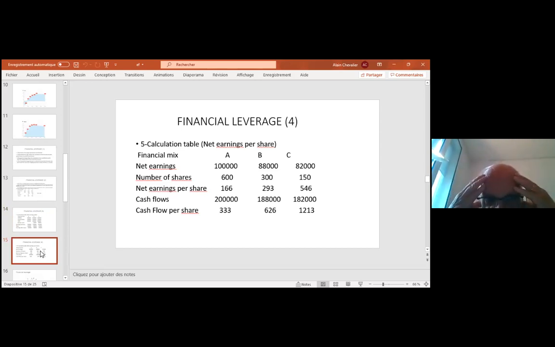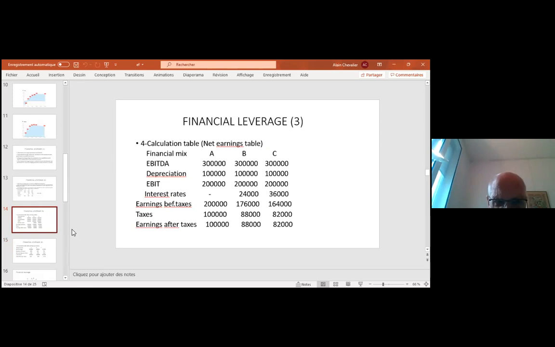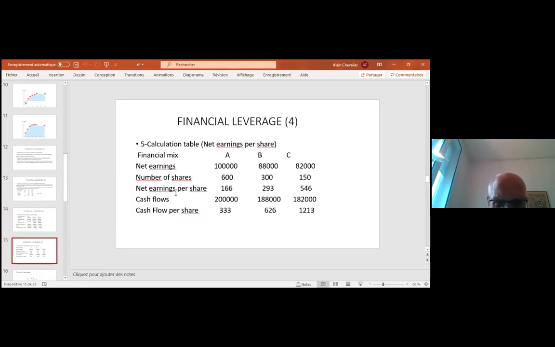And we start with the result we have found on the last line of the preceding calculation, which is the level of net earnings after interest, after taxes, which is 100,000 for A, 88,000 for B, 82,000 for C.